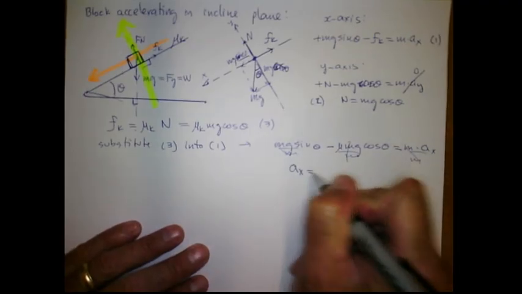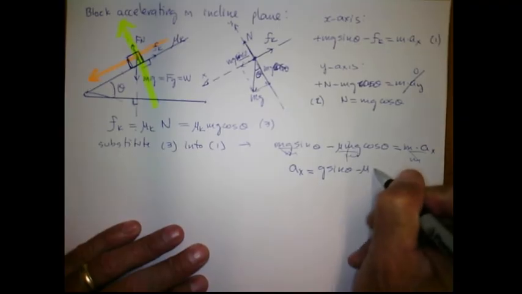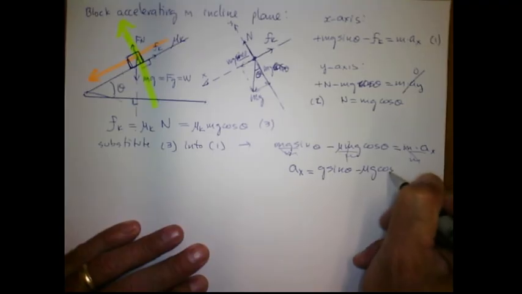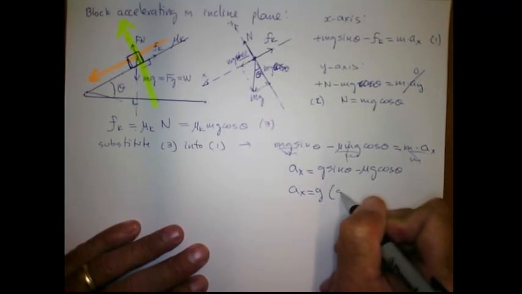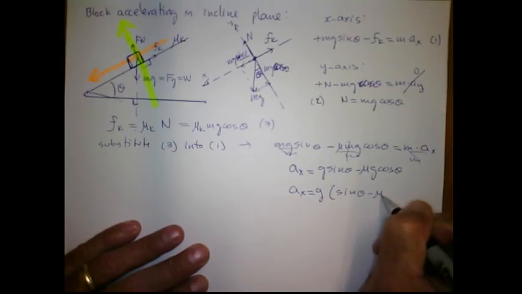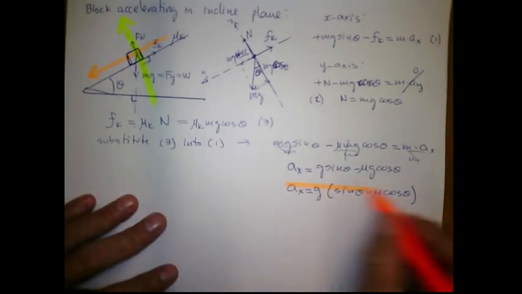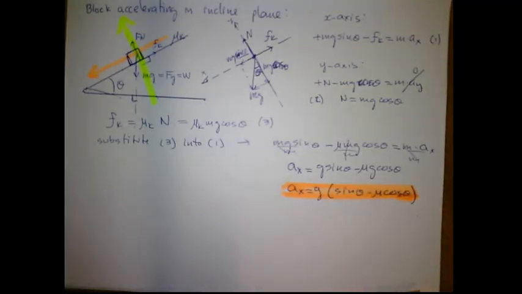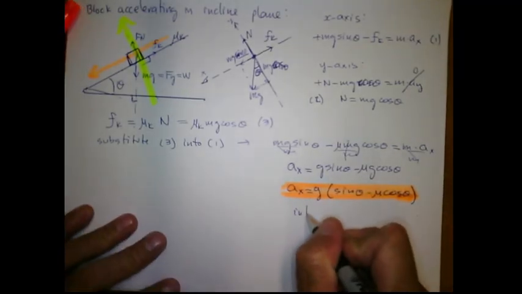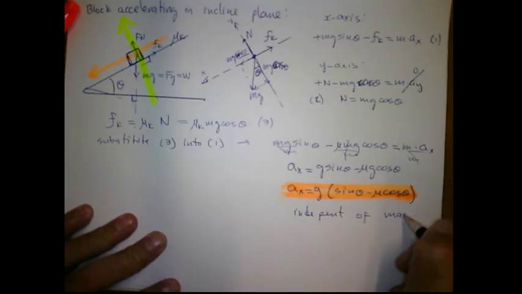And the acceleration of the object is g, you could take g as common factor, and this is the acceleration of the object. It's interesting because it's independent of the mass of the object.